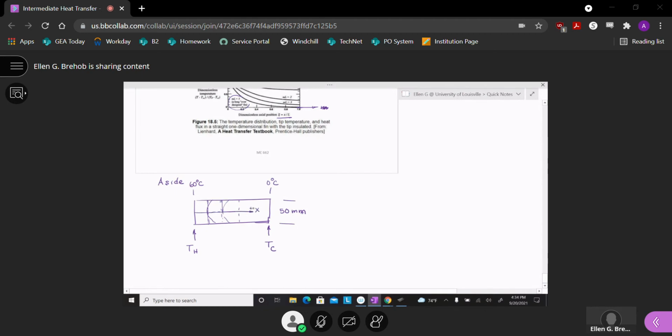And we said that's one of the things we assume in the fin approximation, that temperature is only a function of the x direction, conduction only. That's what they wanted to do in this. There is a test for when you can assume one-dimensional conduction.